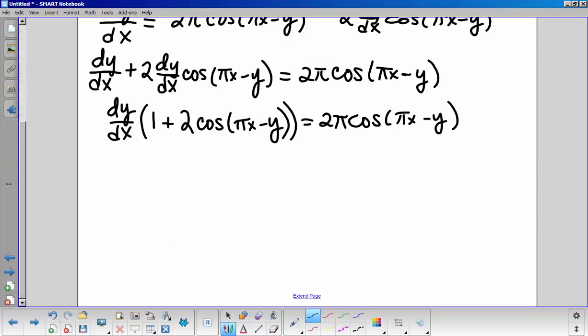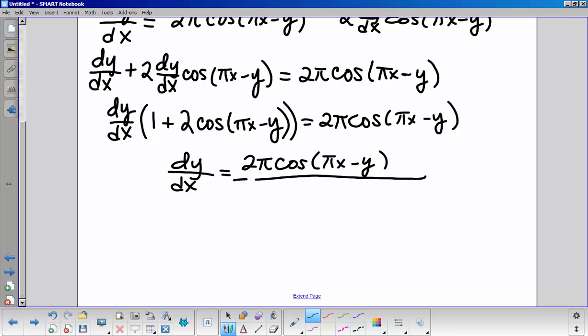We get dy dx equals 2 pi cosine of pi x minus y all over 1 plus 2 cosine of pi x minus y. And then we go such that, right? What do we need? X equals what? 1. And y equals 0.